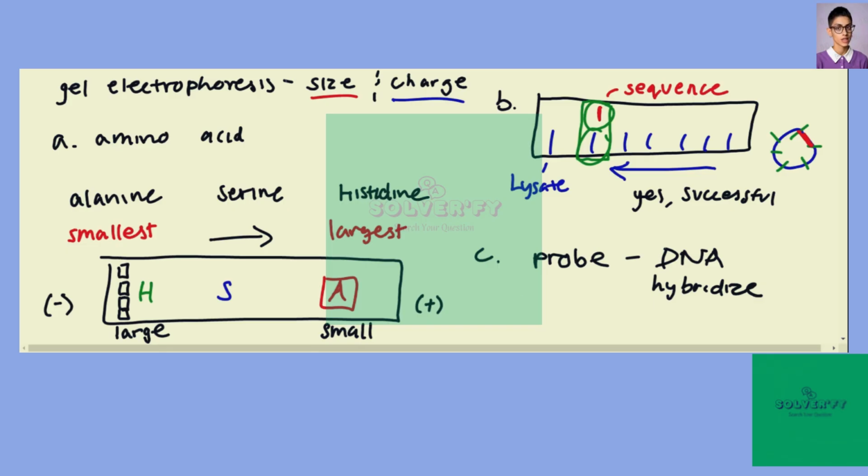So let's say that this red strand is our DNA that we're looking for. So this is our sequence of interest. If we had a probe, that probe would be complementary to the sequence, and it would bind and hybridize. And this probe would contain a radioactive molecule. So this radioactive molecule would be a marker.